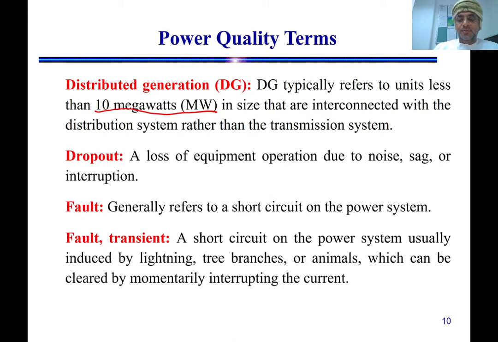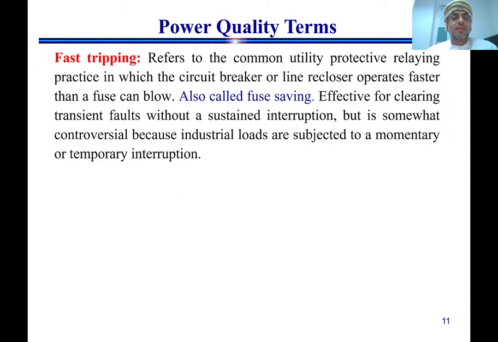So it is a fault which can be cleared by momentarily interrupting the current. Okay, so I have the circuit breaker open, it waits for, let us say, a millisecond, then it closes again. Fast tripping refers to a common utility protective relay practice in which the circuit breaker or line recloser operates faster than the fuse.